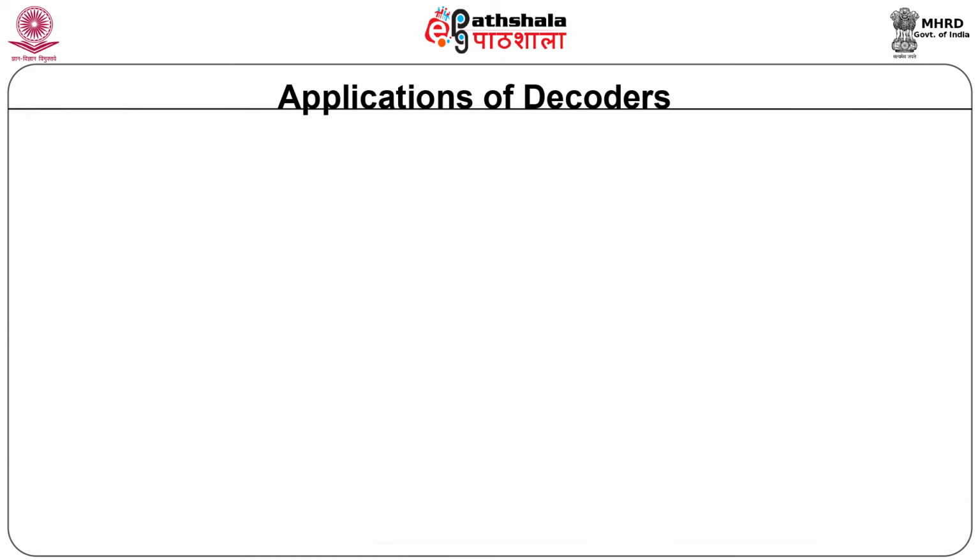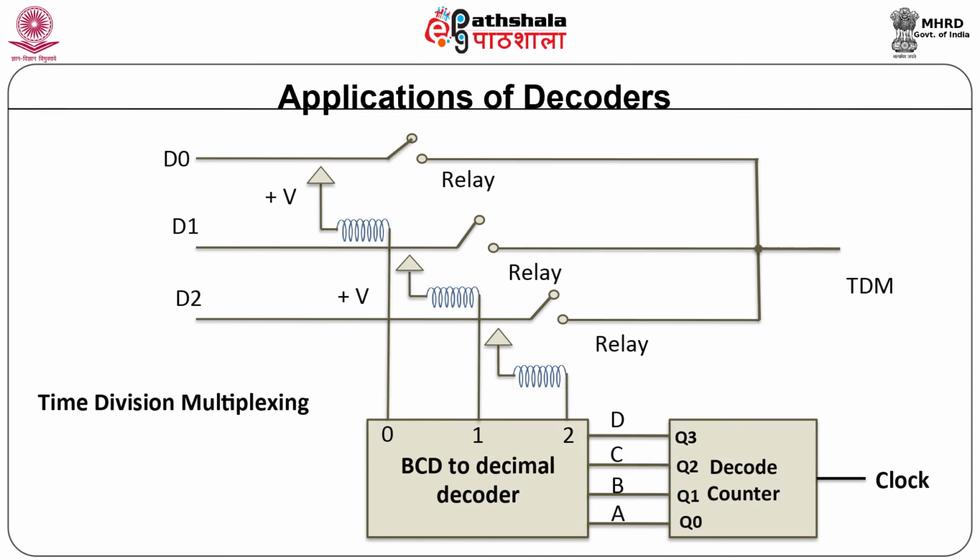In this example, let us understand the use of decoder in time division multiplexing. This time division multiplexing can also be used for timing as well as sequencing application. The TDM accepts the data from many sources and sends a selected data to the single output for transmission.